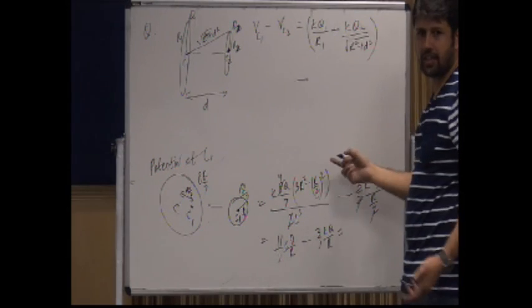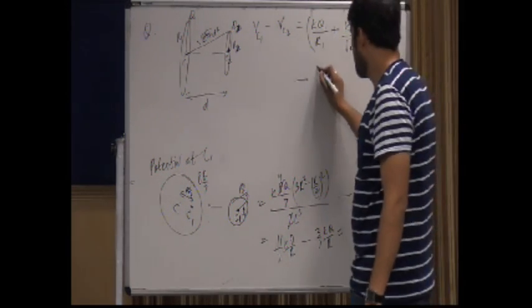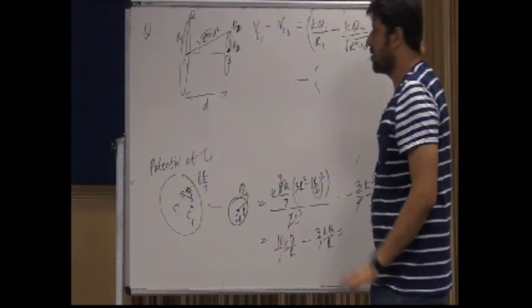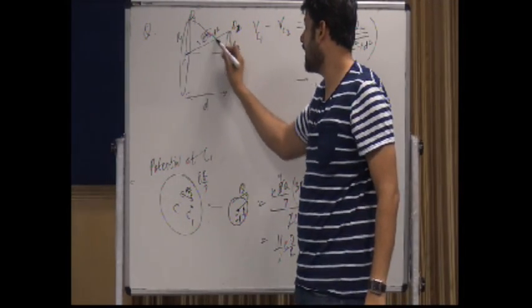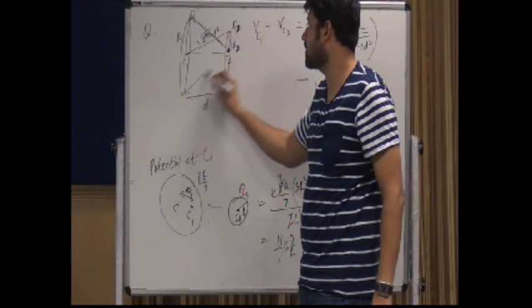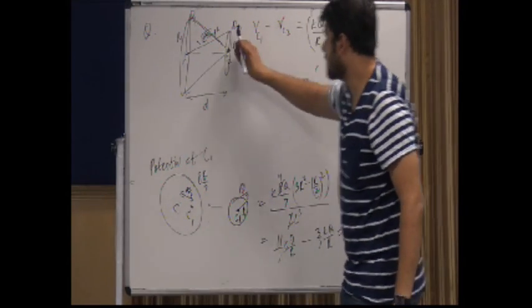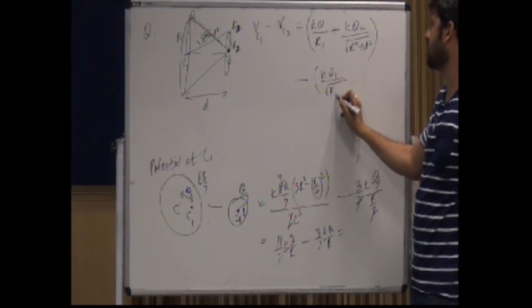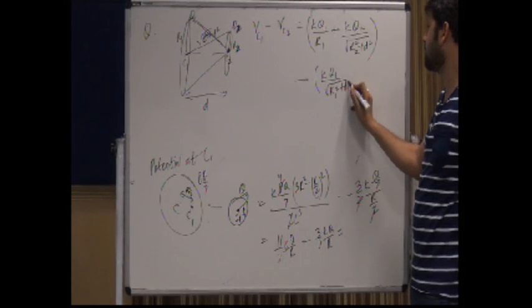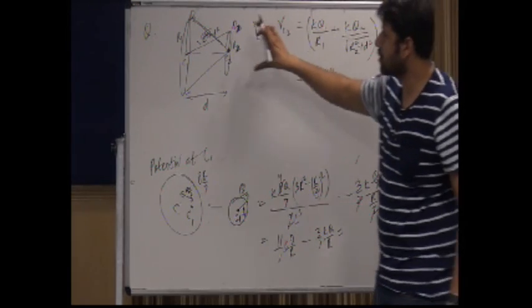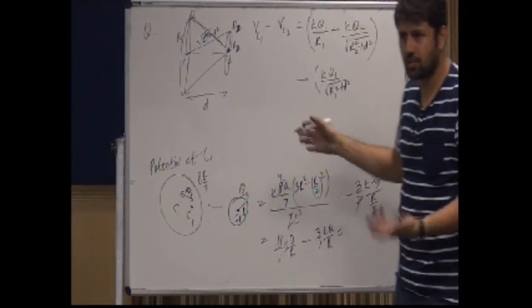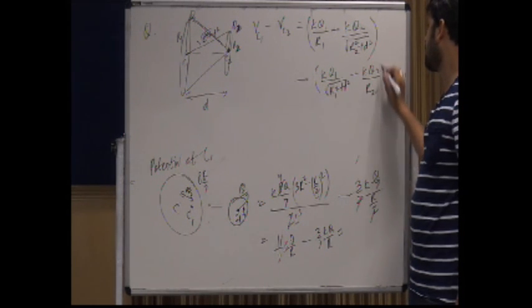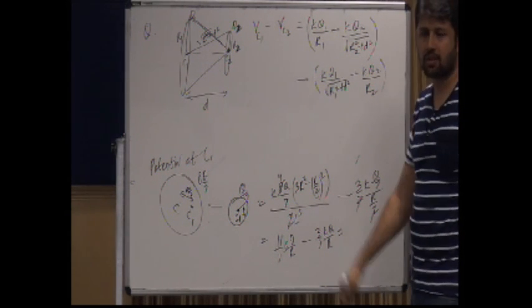For C2, the potential due to the first ring at C2, this time you need to draw this hypotenuse, would be kQ1 upon √(R1² + d²), and the potential due to the second ring at C2, its own center, would be kQ2/R2.